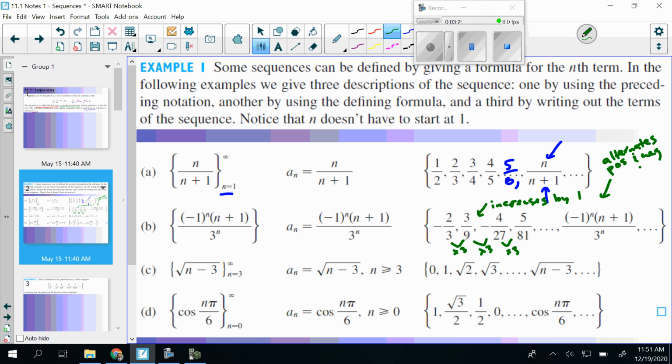So the pattern here, whenever you are alternating between positive and negative, you'll see that when we try to come up with the nth term, we can do that by putting -1 in parentheses to some power of n. And the reason that this works is if you put an odd number in here, it'll make it negative.